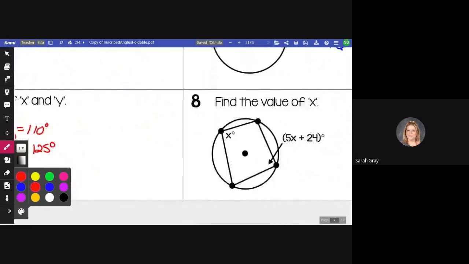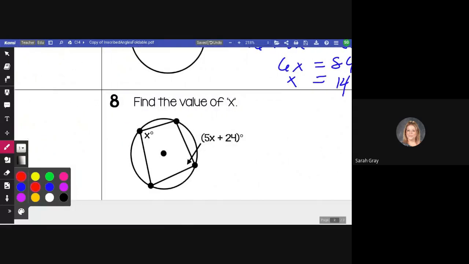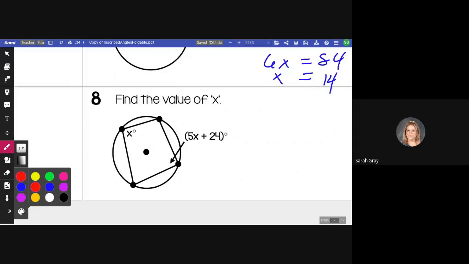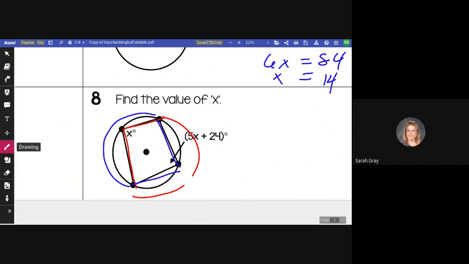Okay. Number 8. I thought these last ones are easy and the first ones were hard. Value of x. So that one opens up to this arc. The other side opens up to the other arc. Makes the whole circle. So if we were adding the arcs together, we'd set them equal to 360.